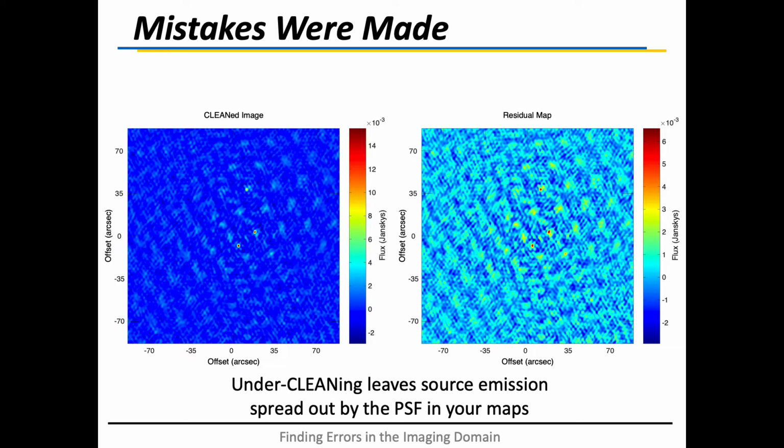What you're seeing in the residual map isn't a problem; it's just that you haven't completed the deconvolution process. So if you see lots of patterning, or a residual map that looks a lot like your clean model, sometimes it means it's time to go back to clean, or whatever deconvolution algorithm you're using, and push a little bit deeper.